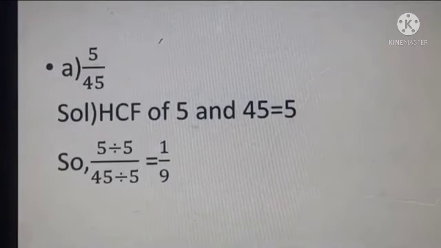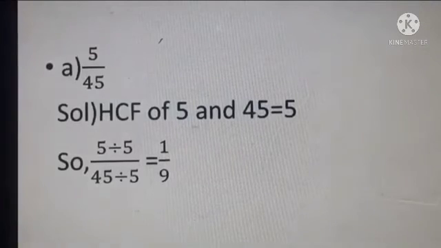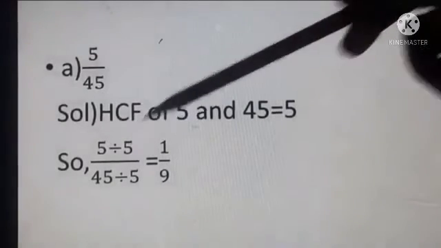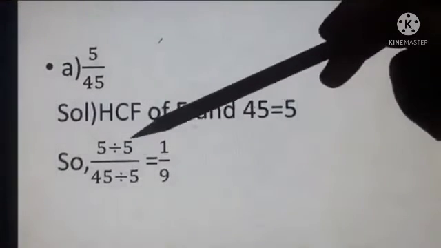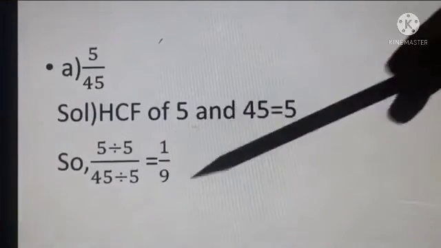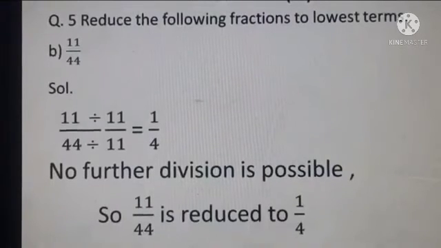So the last divisor is 5. Now we will divide the given fraction by its HCF. 5 divided by HCF, 45 divided by HCF. So after division we will get 1 upon 9. It is your wish, you can take method 1 or method 2.